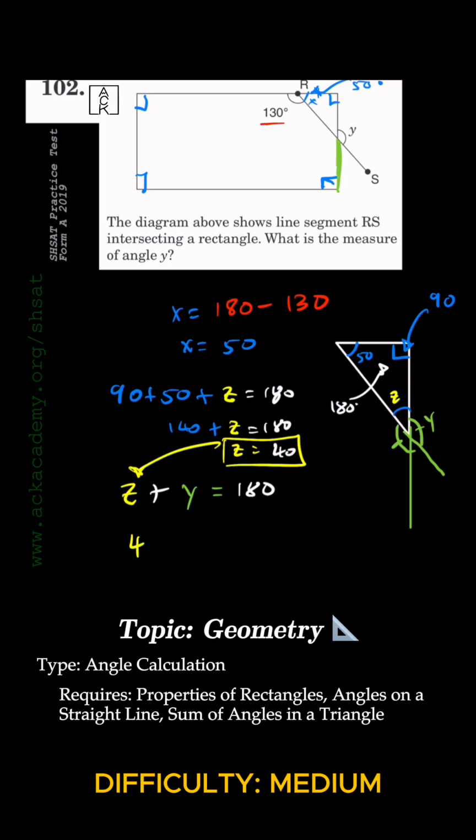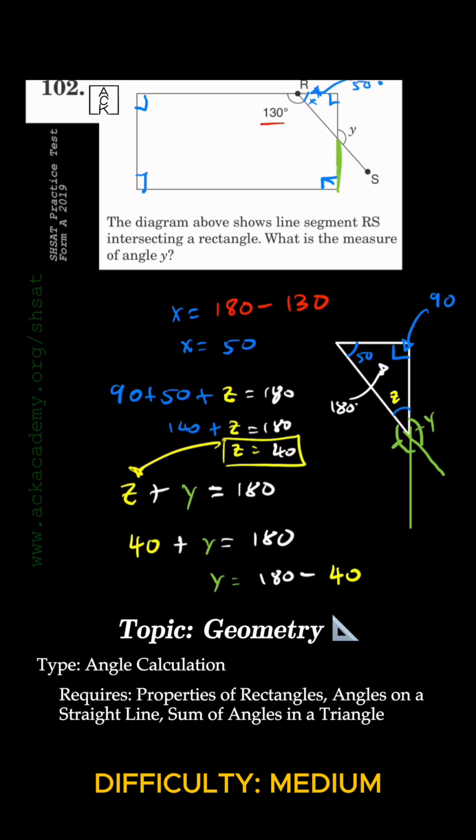So we have 40 plus some Y is equal to 180 degrees. So again, this is 180 degrees. Okay, so now Y is equal to 180 minus this 40.